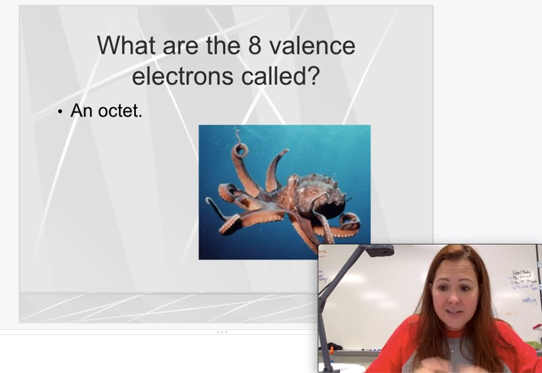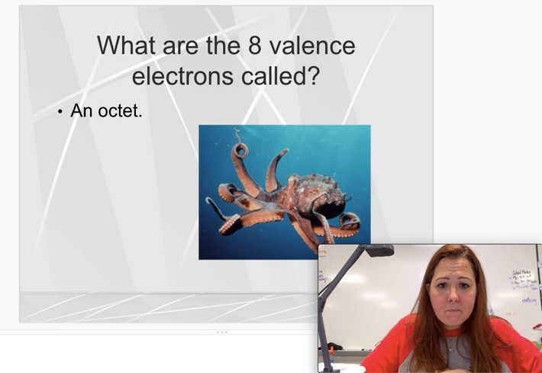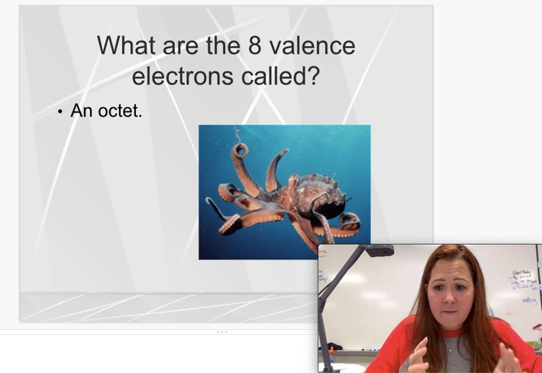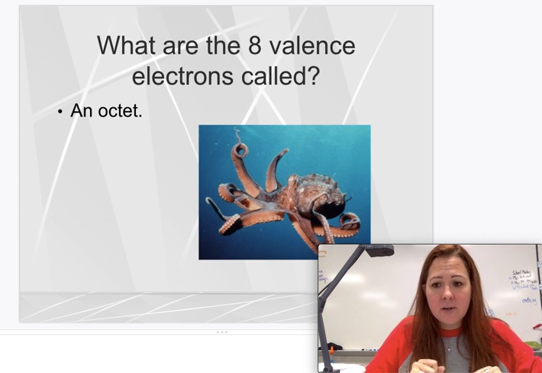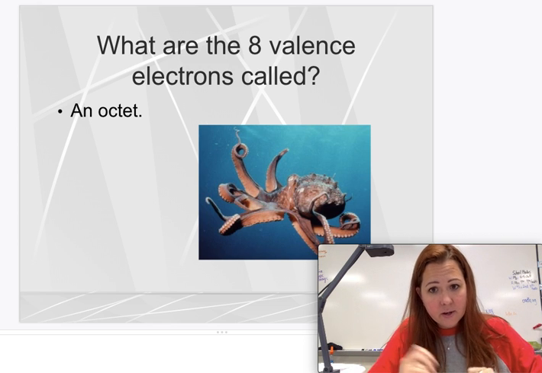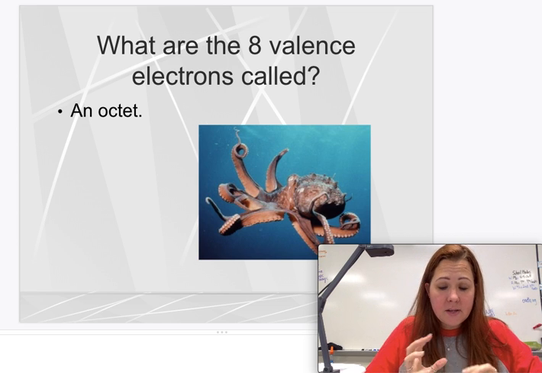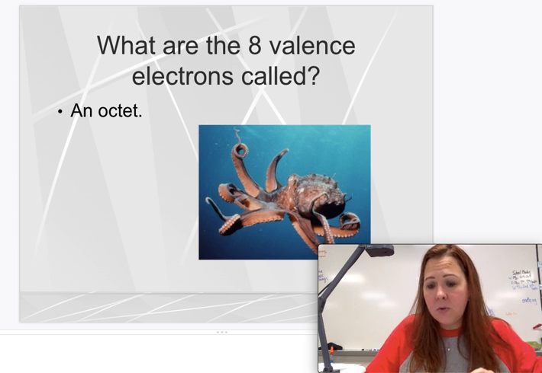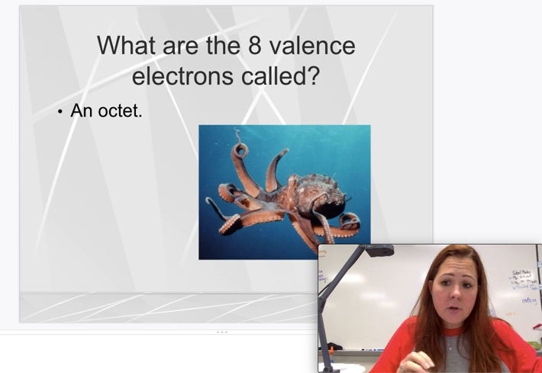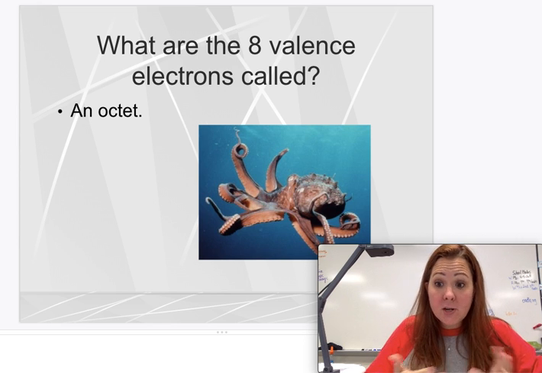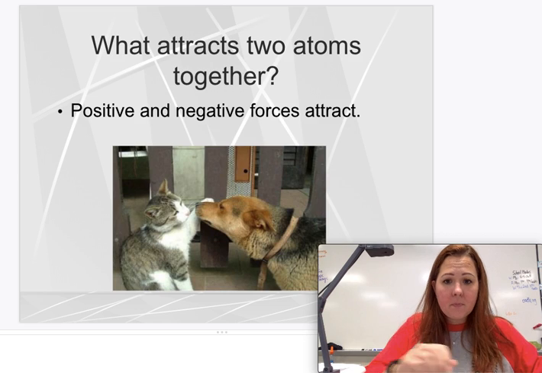Oct, O-C-T, is 8. So with your octet, a full valence shell of 8 valence electrons, you are striving to form an octet in multiple ways throughout this unit. Whether we're going to share electrons or we're going to transfer electrons from one to another, either way, everything is going to get that full octet no matter what.